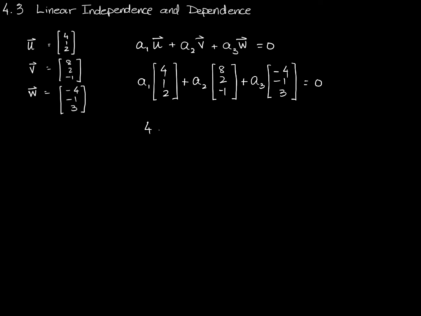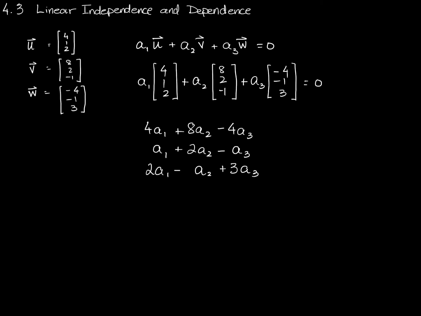That's going to be 4 A1 plus 8 A2 minus 4 A3, 1 A1 plus 2 A2 minus 1 A3, and 2 A1 plus, oops, actually minus 1 A2 plus 3 A3.